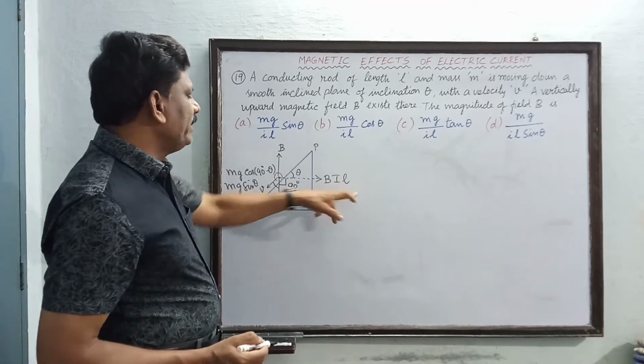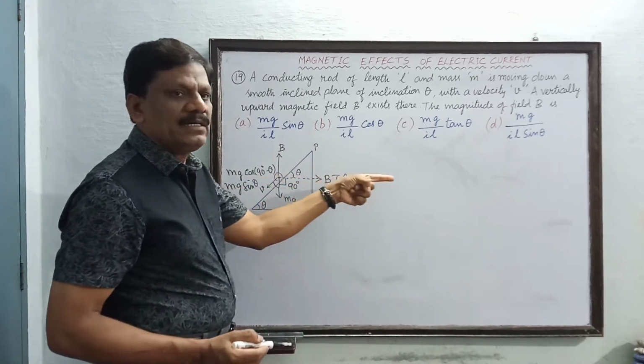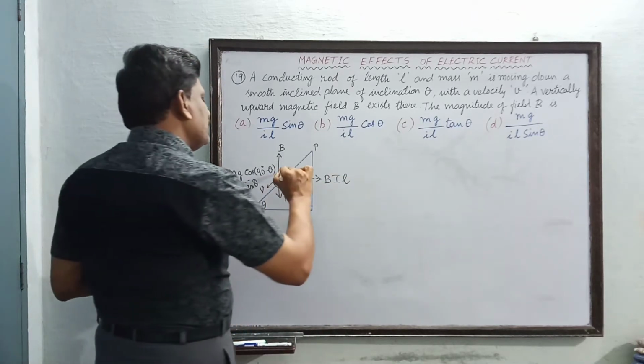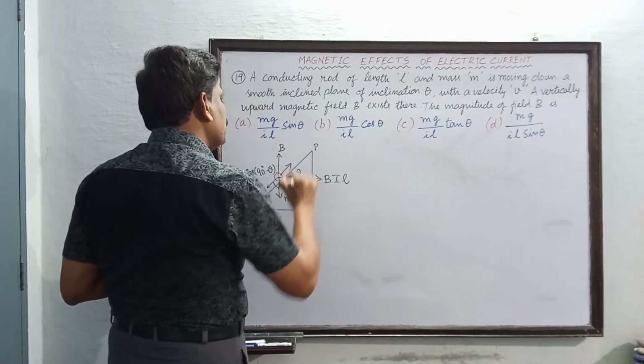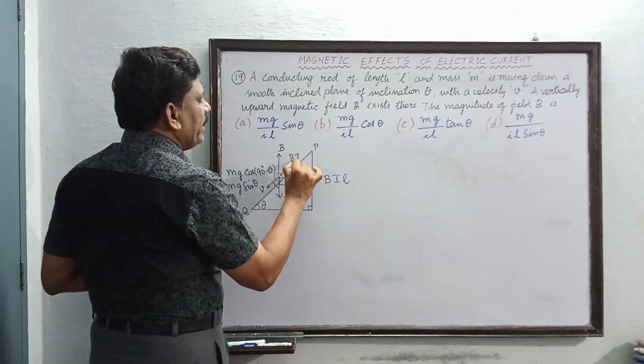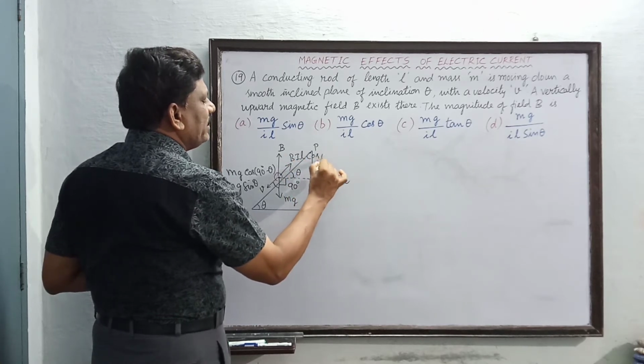Similarly, now BIL is acting along the horizontal. It makes an angle theta with the inclined surface. So in this direction, what is the component of BIL? This will be BIL into cos theta.